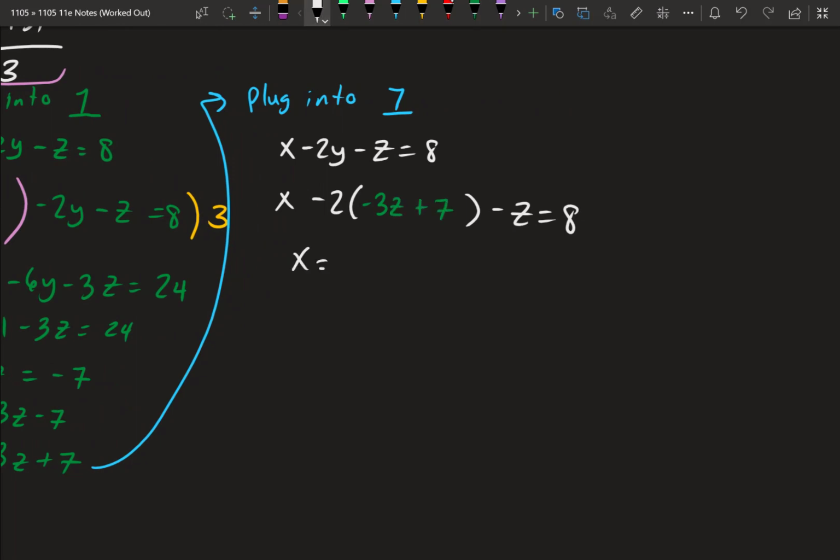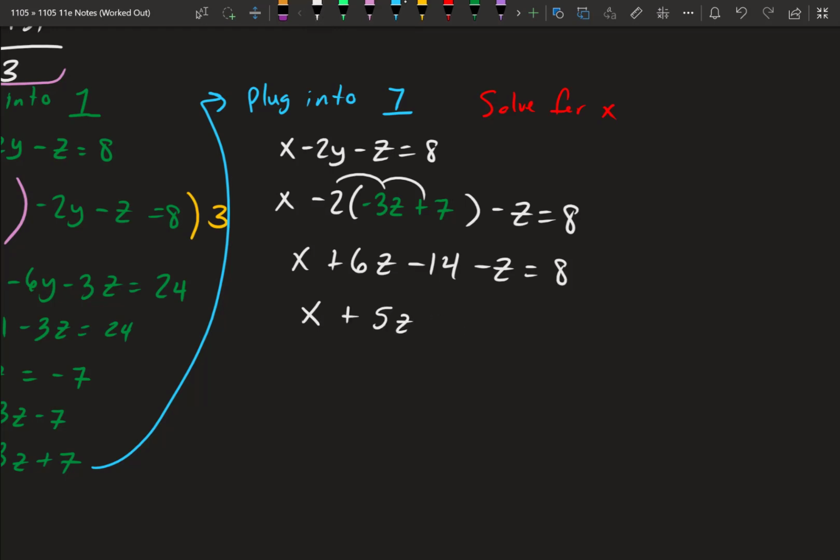So we have x plus 6z minus 14 minus z equals 8. And here we're going to solve for x. So we have x plus 5z minus 14 equals 8. I'm going to add 14. So 14 and 8, we get 22. Subtract 5z.